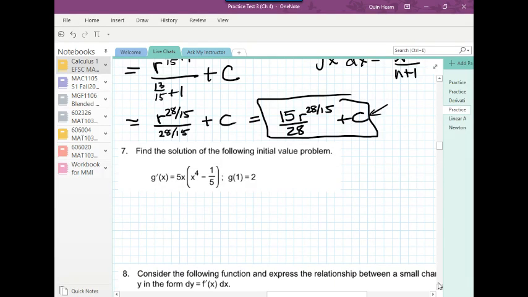So f prime of r, then we're going to keep the 15/28 the same. We're going to bring the 28/15 out front and subtract 1 from it. And the derivative of a constant is 0.